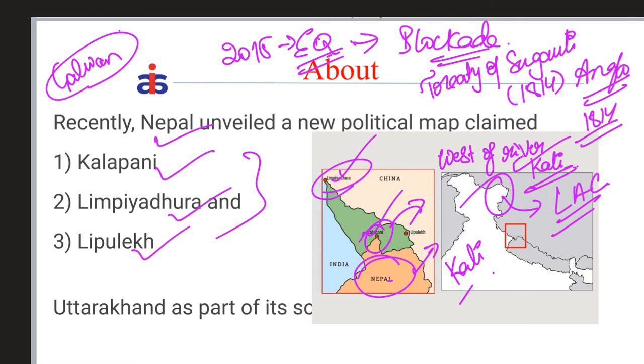So this particular border issue can be looked at through the lens of Chinese influence.